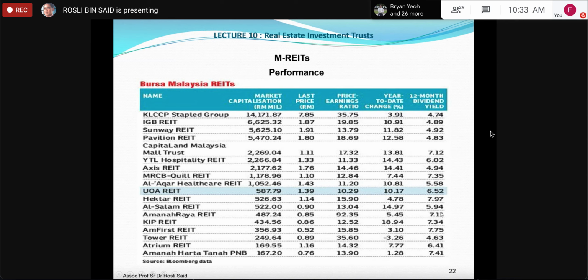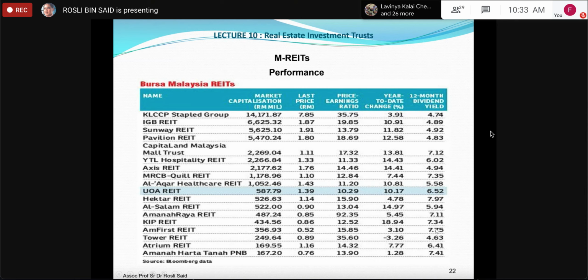And for dividend yield, you can also see here, UOA REIT, that's the office where the board is located. The dividend yield is 6.52%. The highest is Hektar, which provided 7.97%.